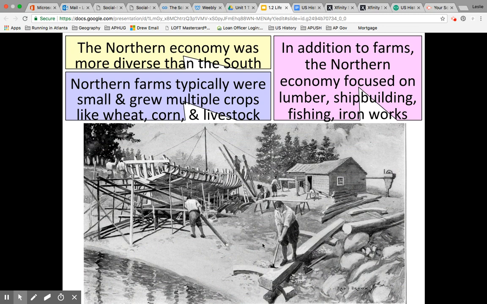So in addition to farming, the northern economy also included lumber, shipbuilding, fishing, and ironwork. So from very, very early on, you see the American colonies where the New England and the Mid-Atlantic colonies start to develop very diverse economies, and the Southern economy tends to be just agriculture.